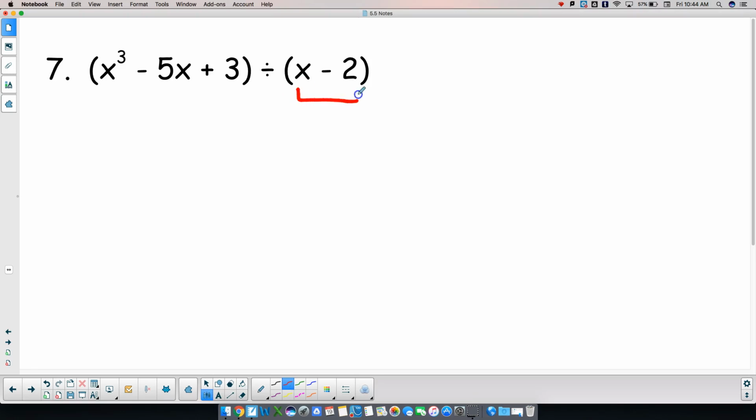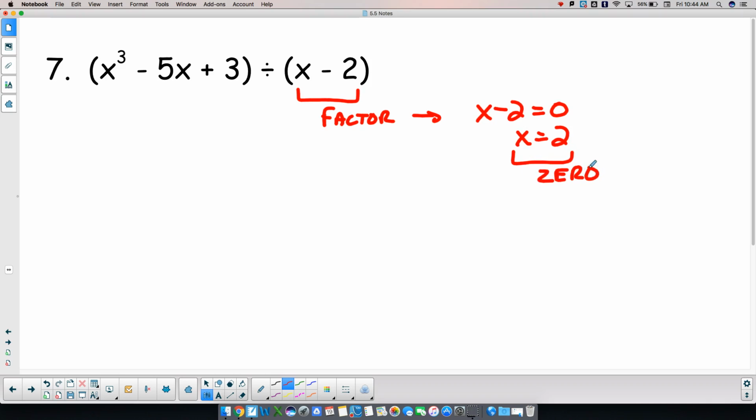Okay? So here's my factor again, which means then 2 is my 0. So 1x cubed plus 0x squared minus 5x plus 3.